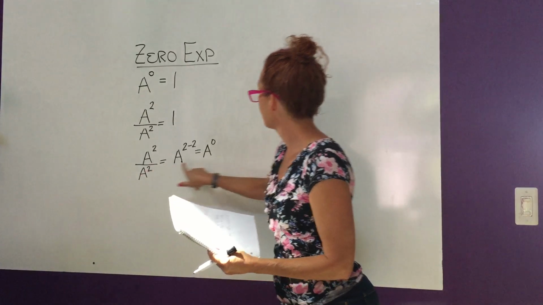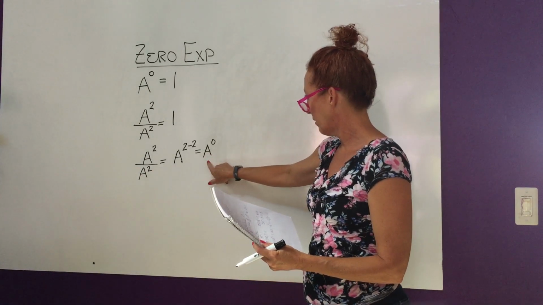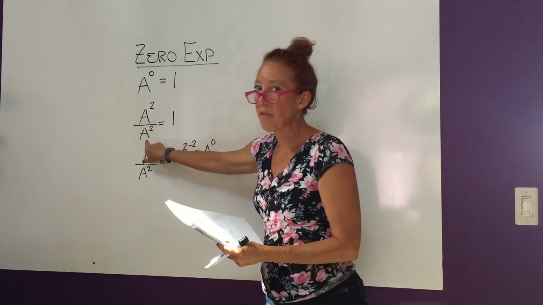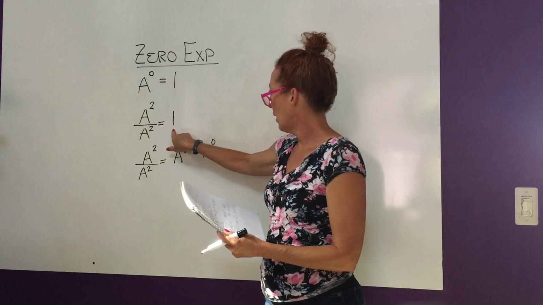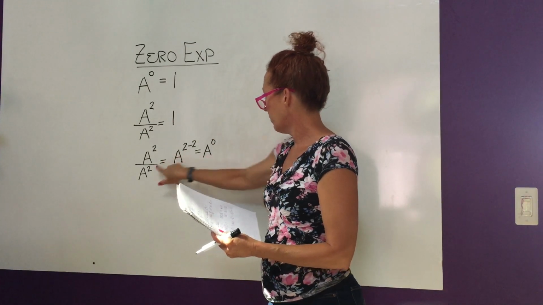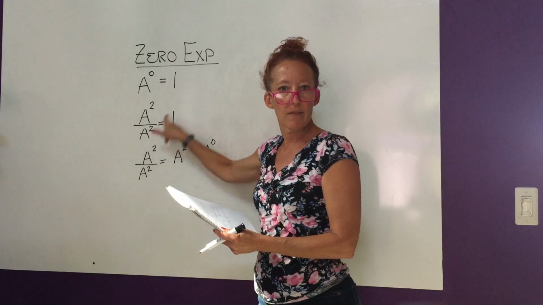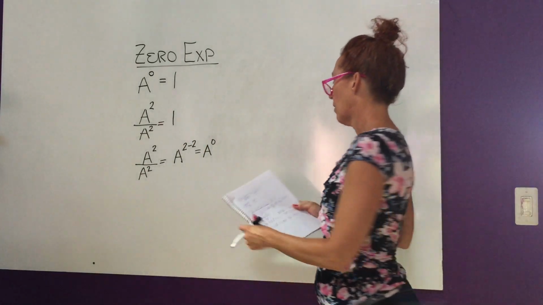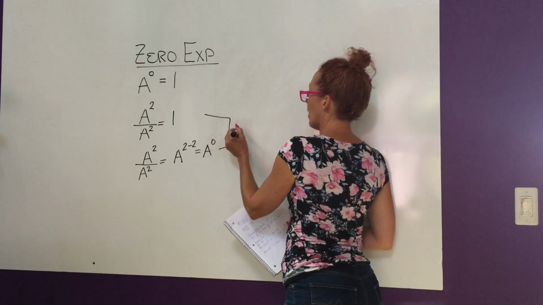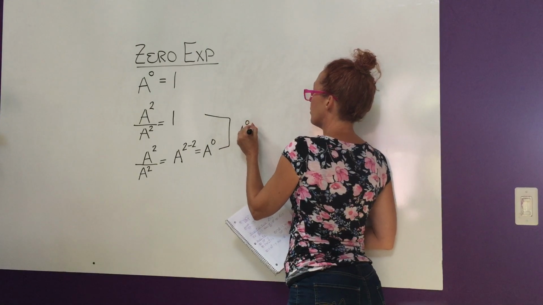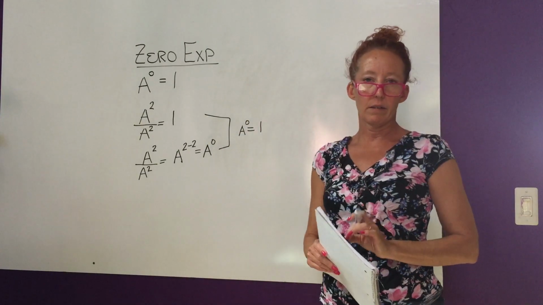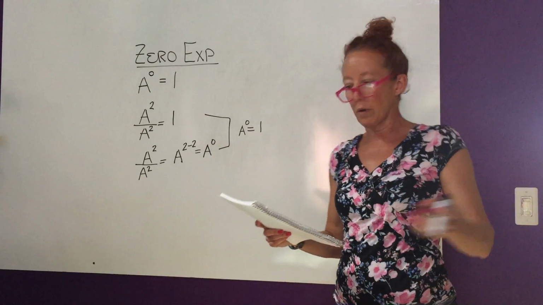So if this equals a to the 0 power, that same thing equals 1. If both of these items are equal to the same thing, they must equal each other. It's called the transitive property. So if I put those two items together, then a to the 0 equals 1. So that's why it works.